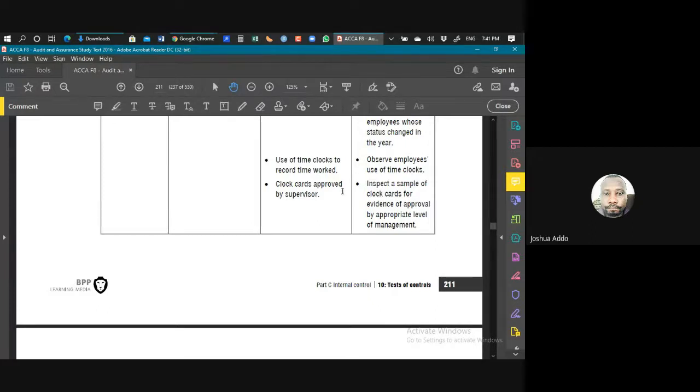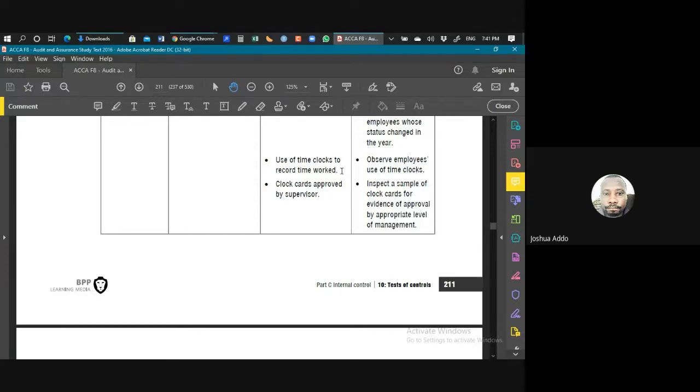If you don't have these clocking systems, for example here in Africa, you might find most organizations using something like a notebook, paper-based recordings. We cannot say that it's bad, even though the clocking system is better.